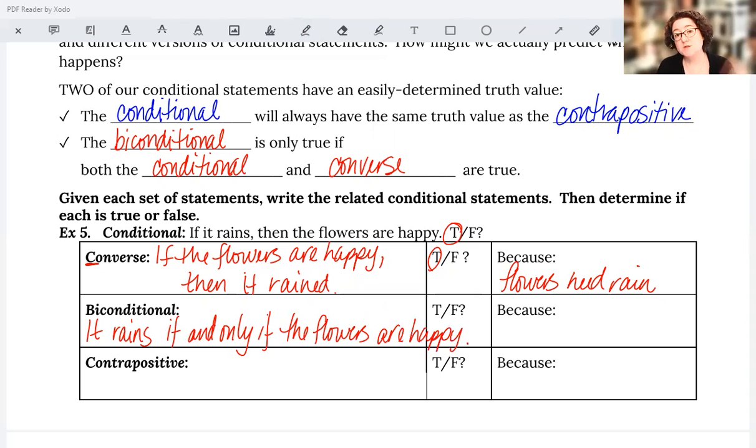So was our conditional statement true? Yeah. Was our converse statement true? Yes. Therefore, our biconditional is also true. So biconditional is true because the conditional and the converse were true.